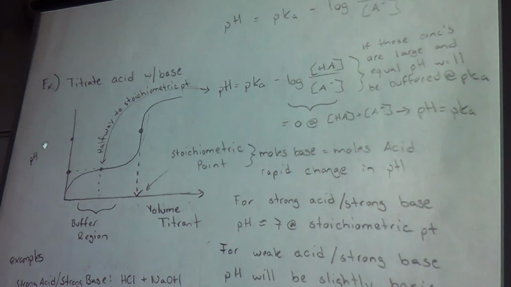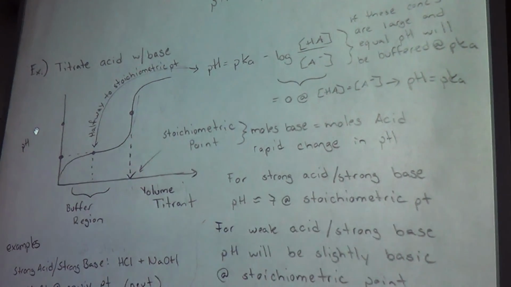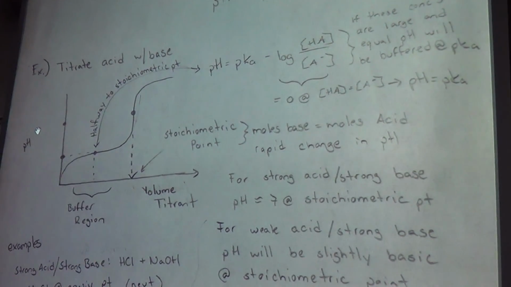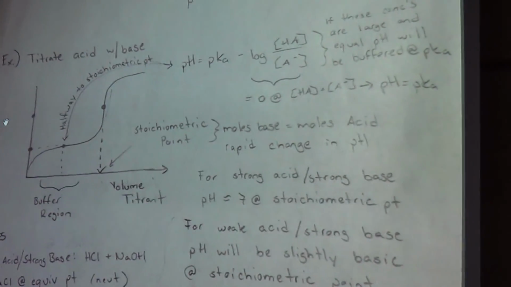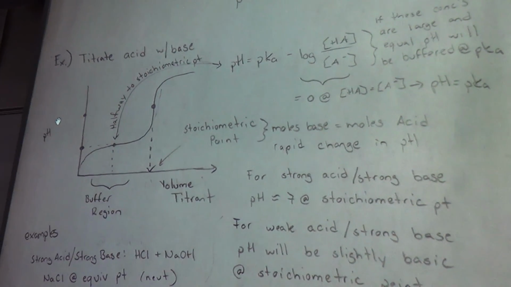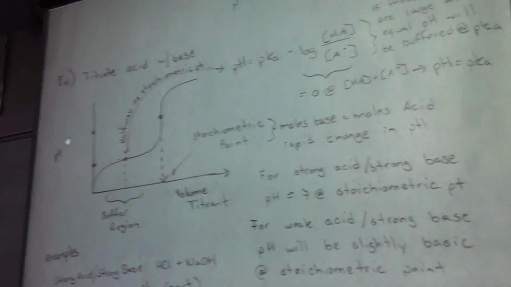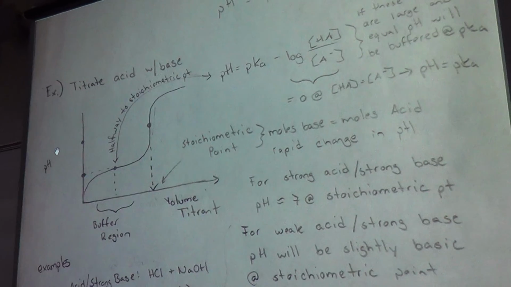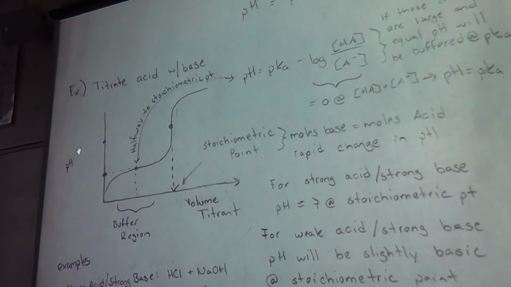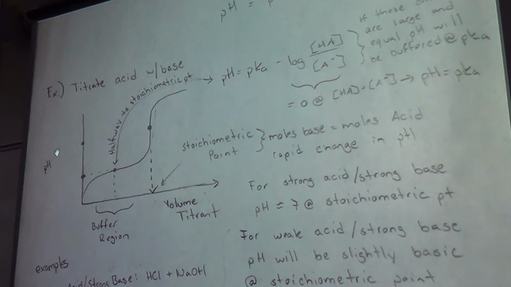So if you want a buffer system that's going to keep you in and around pH 5, you're going to look for a salt system whose pKa is 5, right? Because that'll be where that HA, A minus system ends up being most effective at maintaining pH. Yeah?